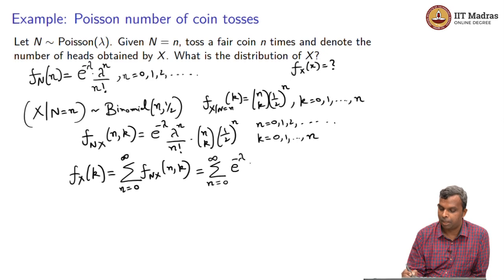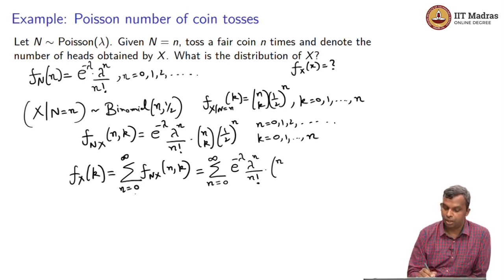You get e power minus lambda, lambda power n by n factorial times n choose k. So, remember there is this issue here. Let me just come to that after writing it down.